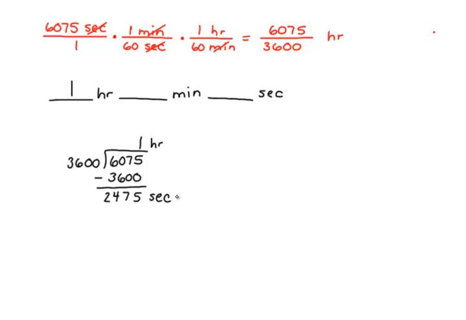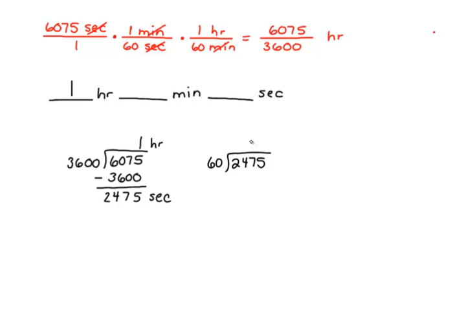Okay, so now we want to figure out how many minutes are inside of there. So we're going to take 2,475 seconds, and we know that there's 60 seconds in a minute. So we're going to figure out how many times 60 goes into this.